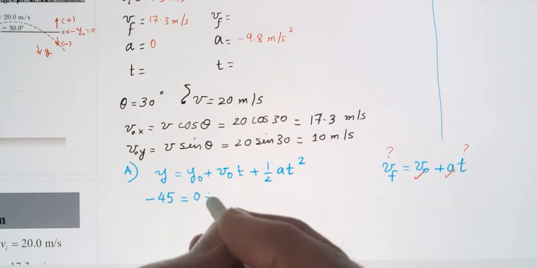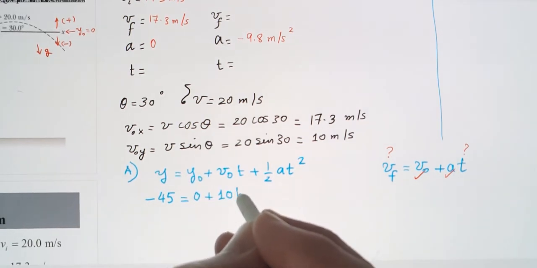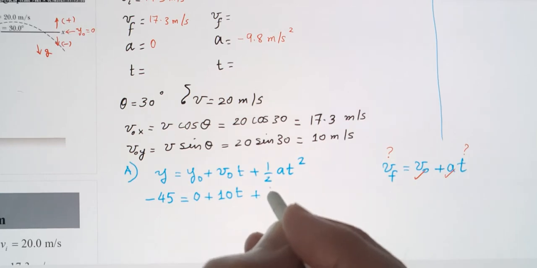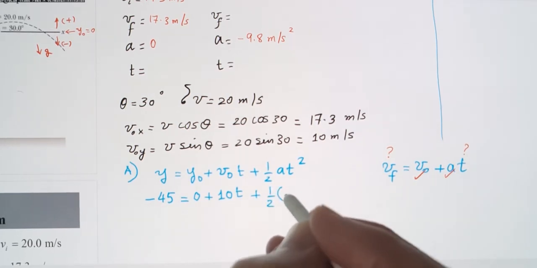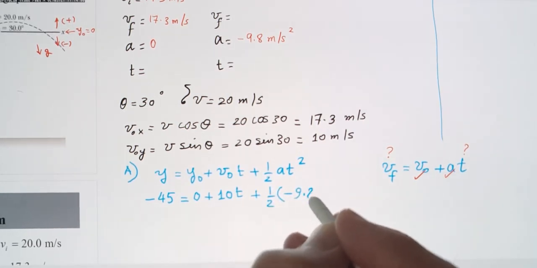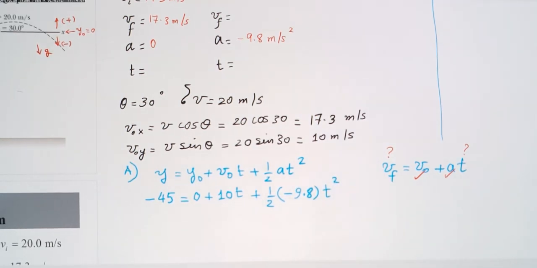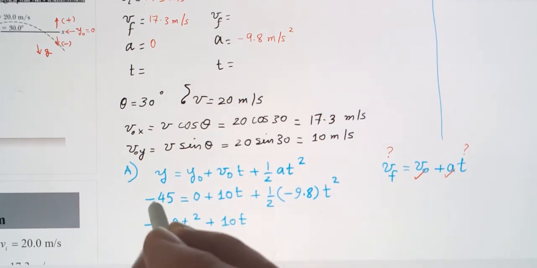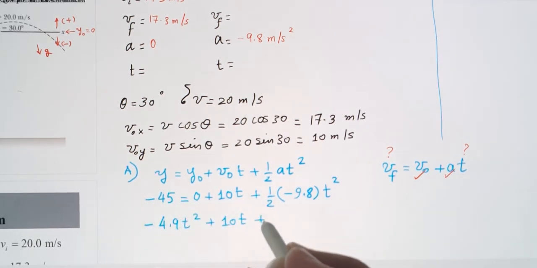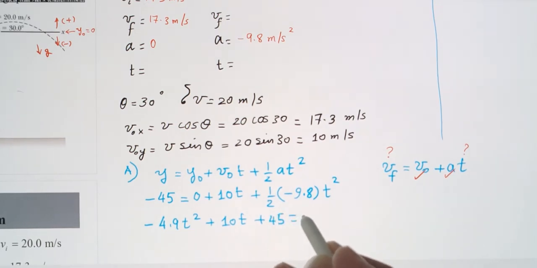So plus 10t plus half. Now g is negative because it's pointing downward. So we end up with this equation: minus 4.9 t squared plus 10t, and then we bring this to the other side, plus 45 is equal to 0.